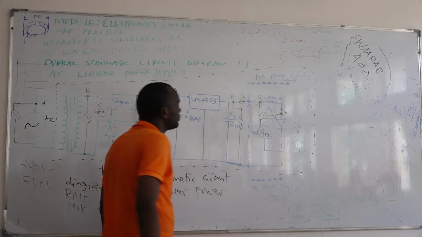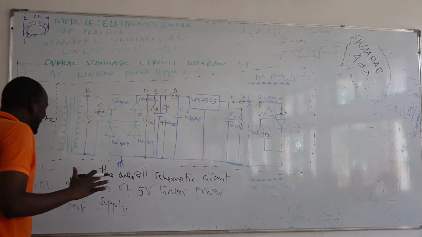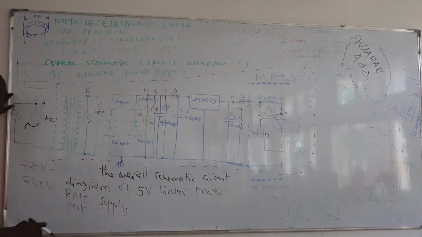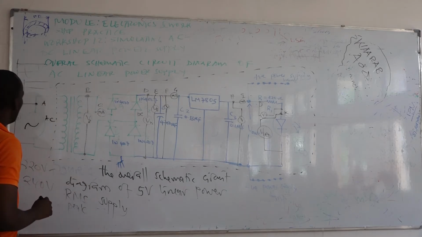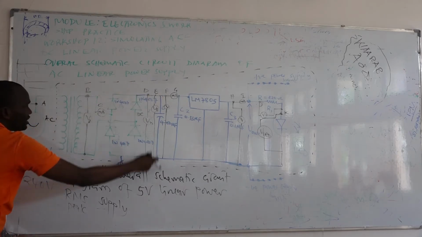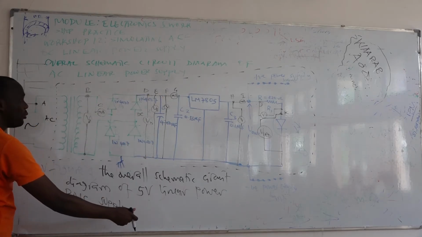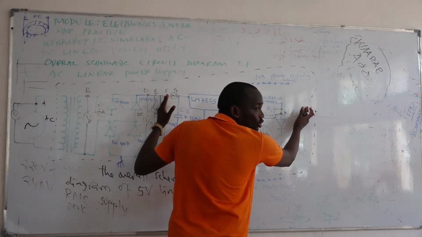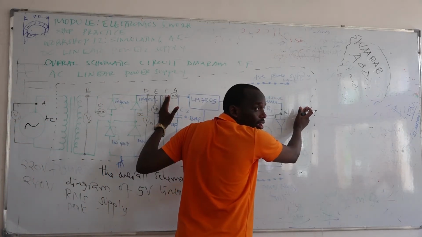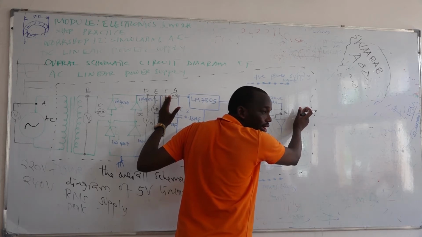Okay. When you analyze this circuit, from this point to this point, it's AC. But also theoretically. Practically, what you'll notice is that from this point to this point is still AC. Where will you find DC? From the filter to this part is where we have DC power. Are we together?